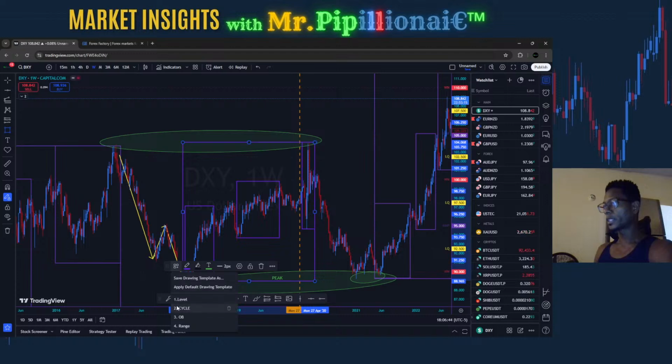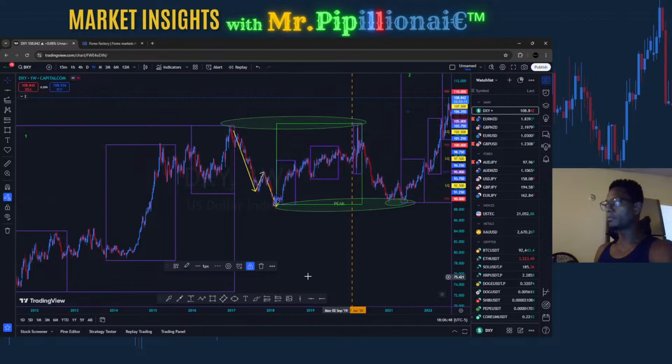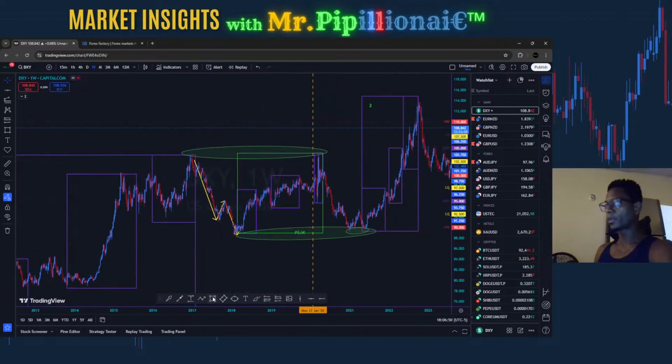And let's change this to a cycle. This is a mini bullish cycle, whereas this was a mini bearish cycle. Let's change this up. All right, but of course we don't want to be too confusing, so let's just undo that.